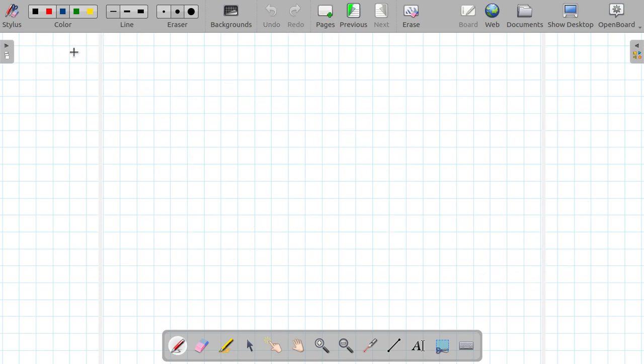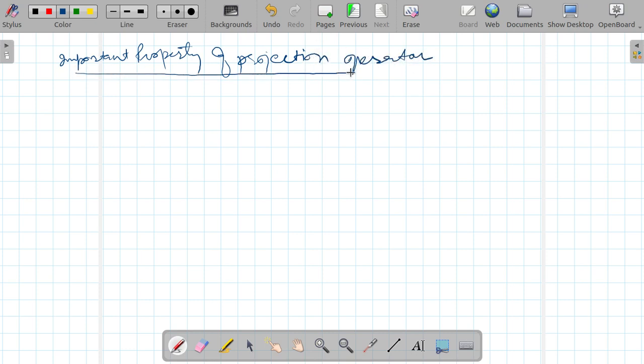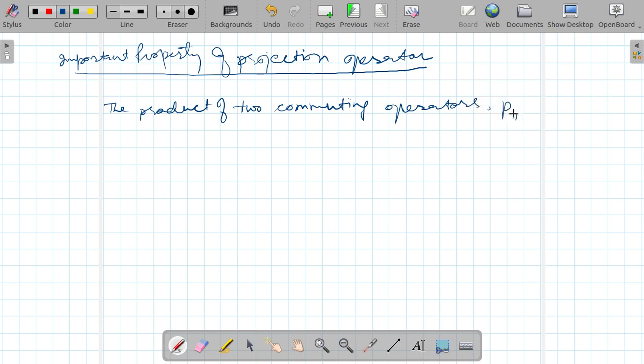Now the important property of projection operators: the product of two commuting projection operators P1 and P2 is also a projection operator.